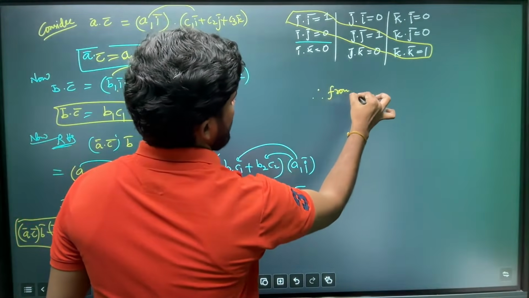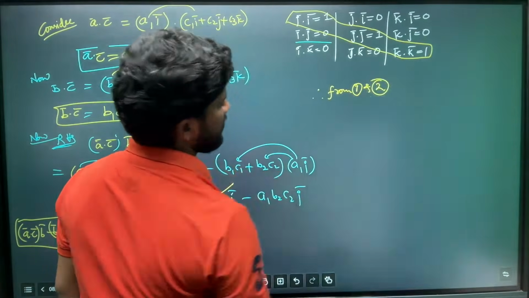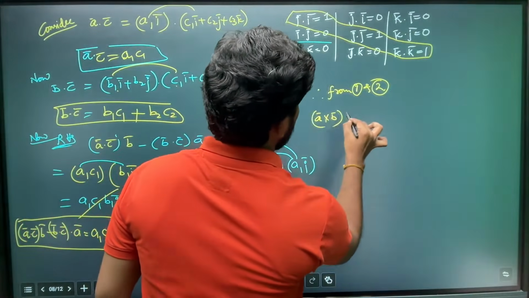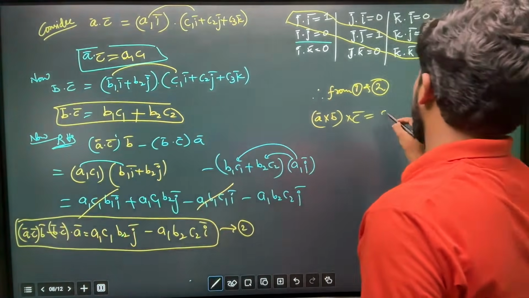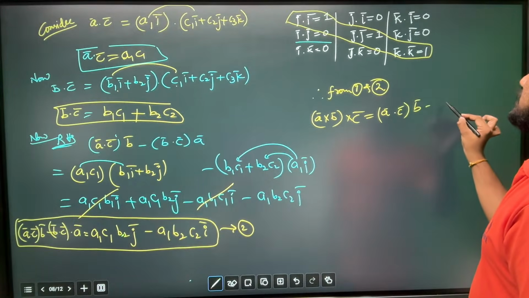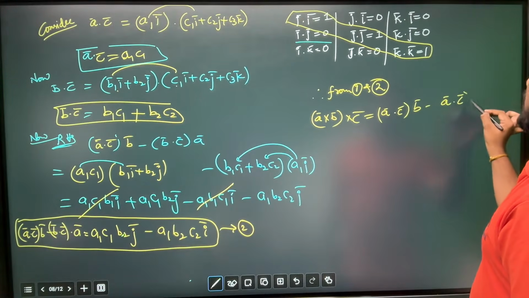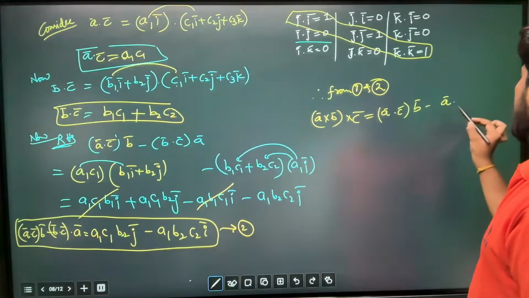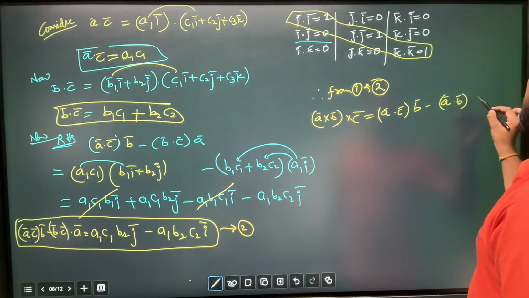From 1 and 2, clearly we can say that a bar cross b bar cross c bar is equal to a bar dot c bar into b bar minus b bar dot c bar. Okay, so a bar dot b bar into c bar.